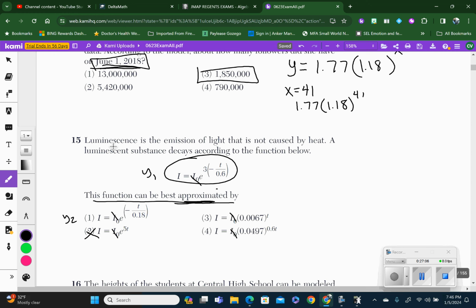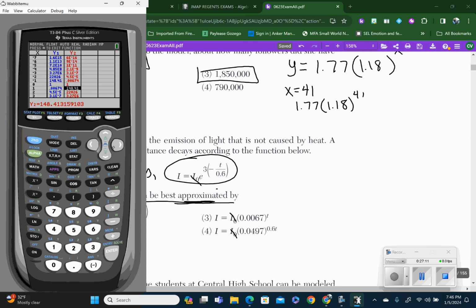So if I plug in the third one, I didn't plug in the first one because it has a fraction, but you could. I want to leave my original there, and this doesn't have an e in it, so I'm going to clear this and put parentheses 0.0067, close parentheses, to the, instead of the T, I'm going to put X, and I'm going to go to second graph.